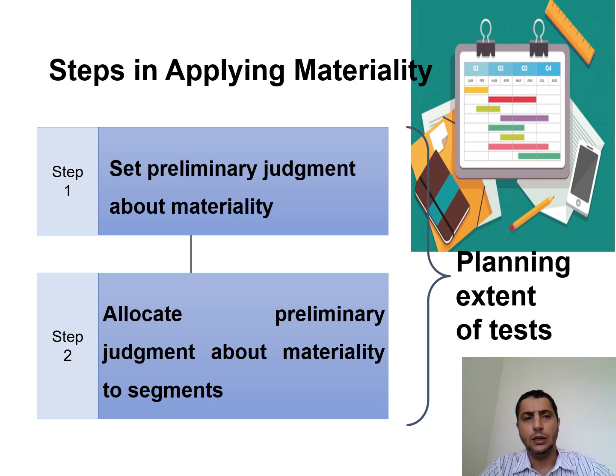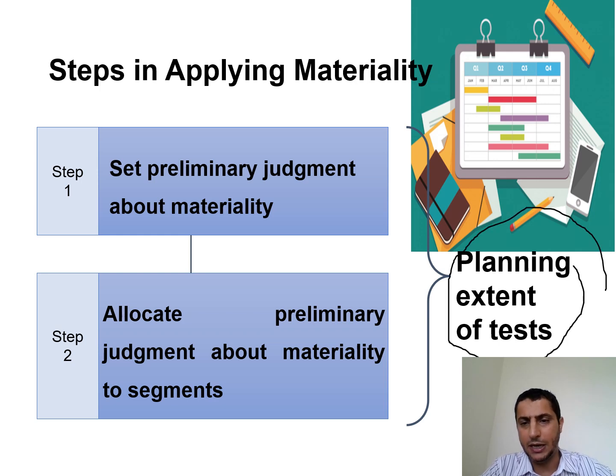Here we will discuss the steps in applying materiality. We have two steps in the planning stage. If you see here, we are in the planning stage, meaning early, before we conduct the auditing and tests of auditing.